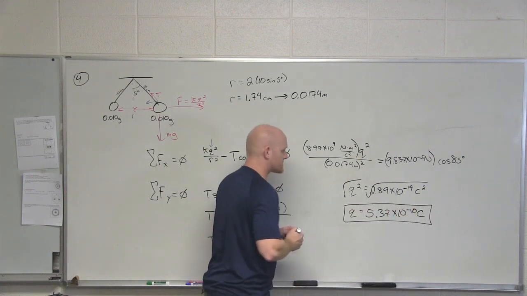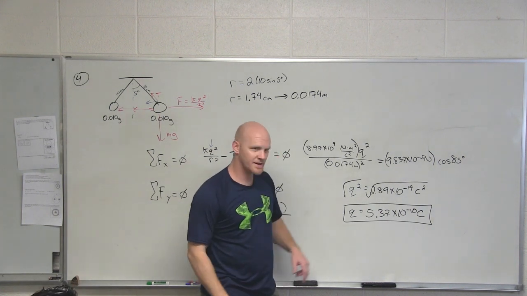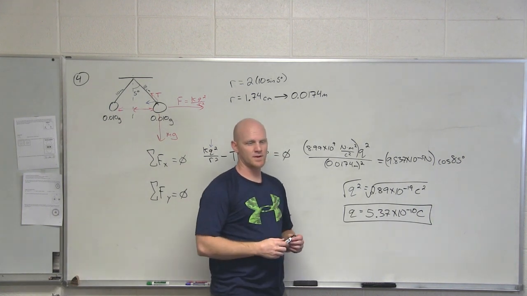Cool. So coming out, after I square root it, with 5.37 times 10 to the negative 10 coulombs. Anybody want to confirm that?